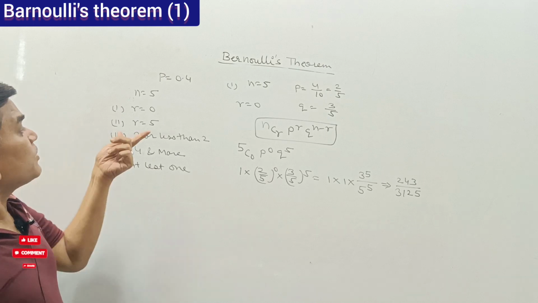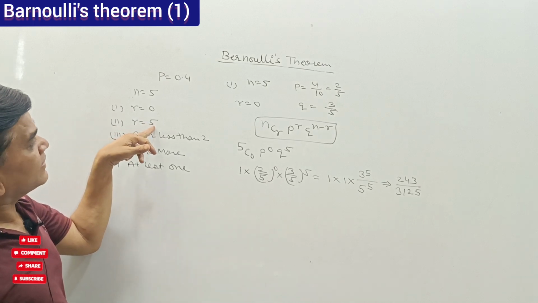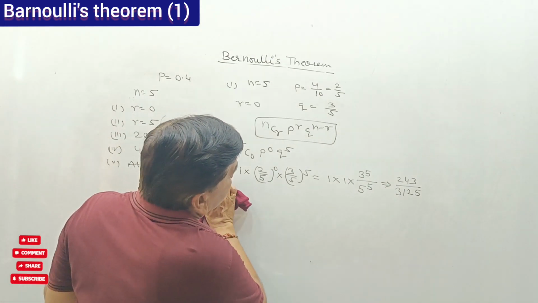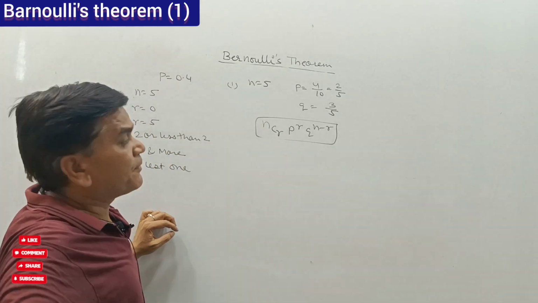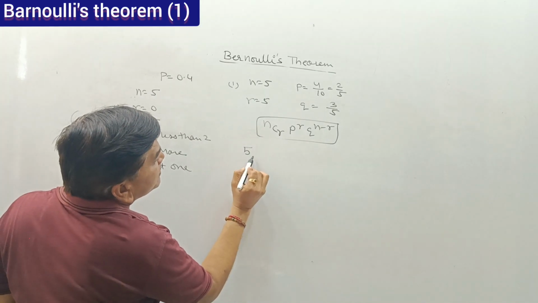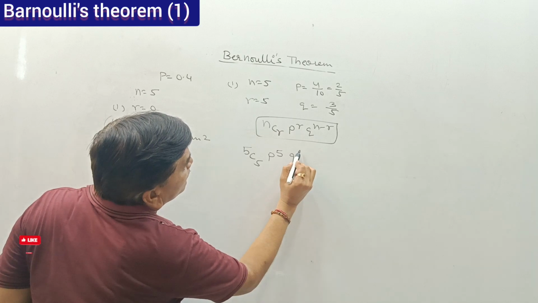Second question, we have to calculate the probability that all 5 students will pass. So here the probability of getting r is equal to 5. Then 5C5 p raised to power 5 q raised to power 0.